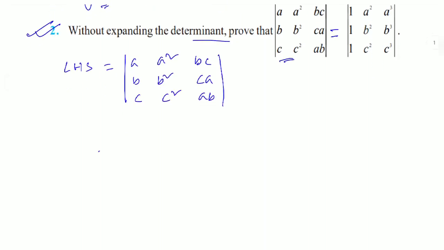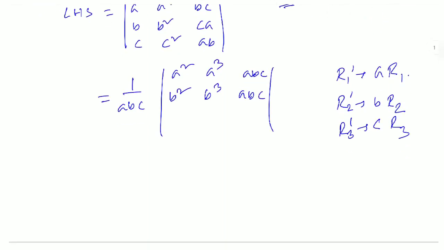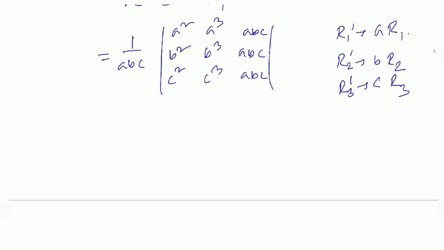Here we multiply the first row with a, the second row with b, and the third row with c. What we'll get is a square, a cube and abc. Similarly, we'll get b square, b cube and abc as well. Similarly, we'll get c square, c cube and abc again, right?